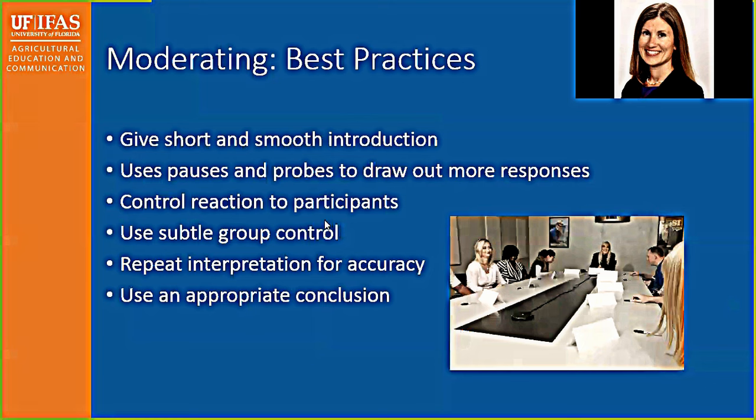So you might ask folks to elaborate on what they said, or you might repeat back what you thought you heard, and make sure that you understand. That's something to really practice beforehand: using probes to get more responses.